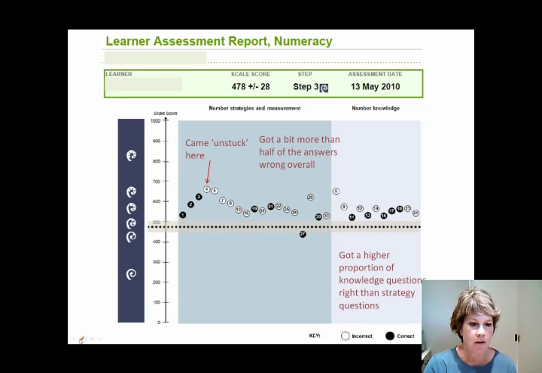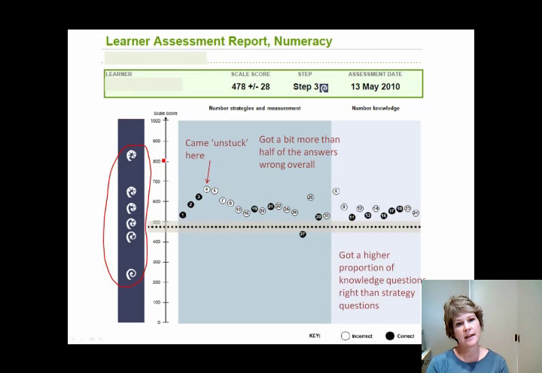Notice that there are 2 vertical scales on the report. There's a numerical scale score that goes from 0 to 1,000, and then we've got this Koru scale, which if you've looked at the learning progressions, you will see is exactly the same as the Korus that sit against the step levels in the progressions.